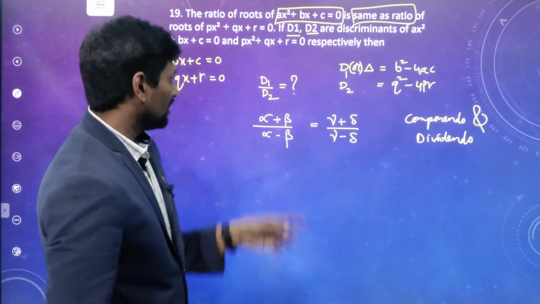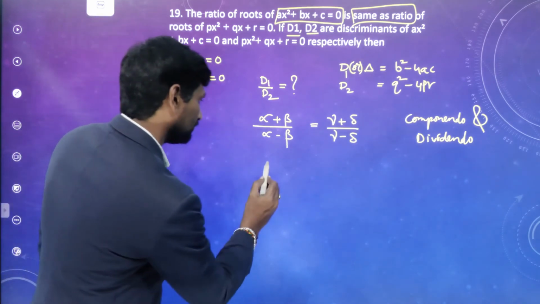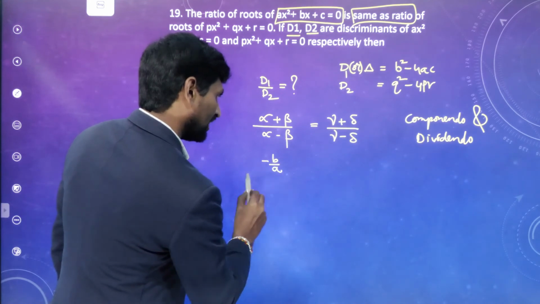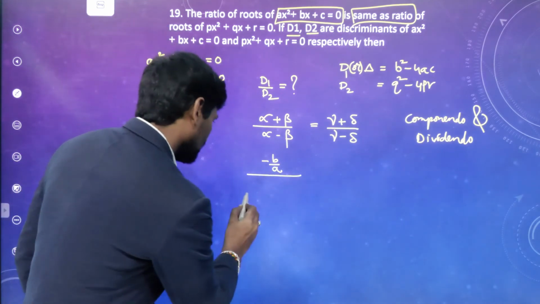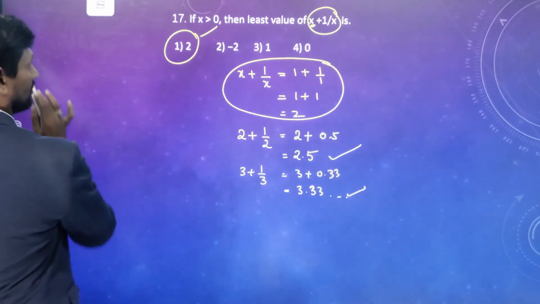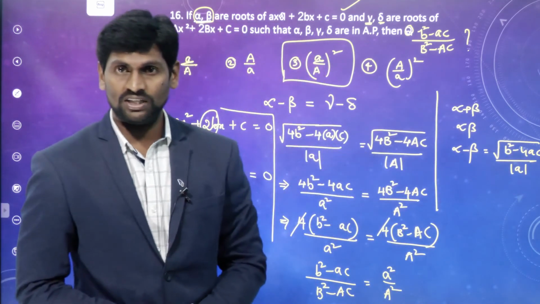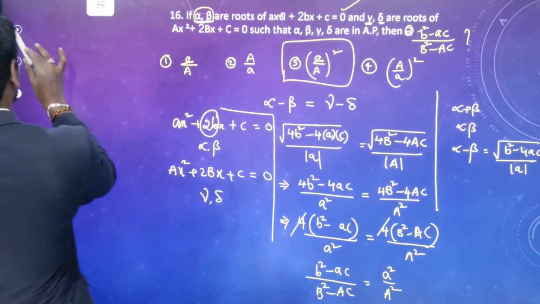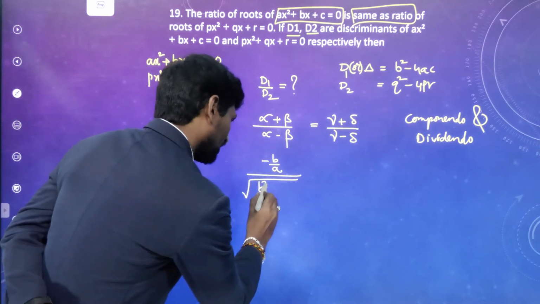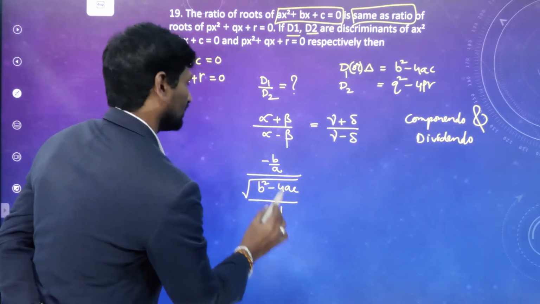Okay? Now, alpha plus beta, sum of roots, is minus b by a. The difference of roots I have written here: root of b square minus 4ac by modulus a. Same I am applying here, b square minus 4ac by mod a. Mod a is nothing but a only.